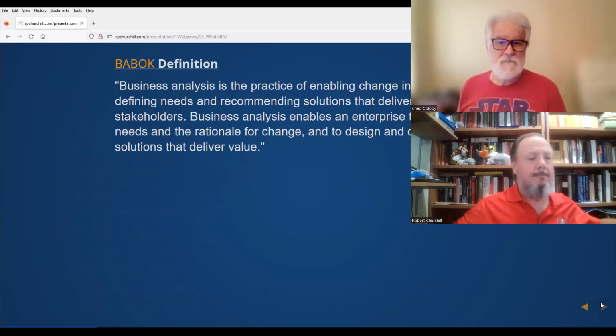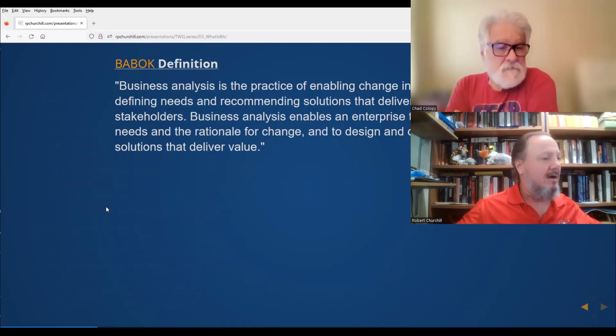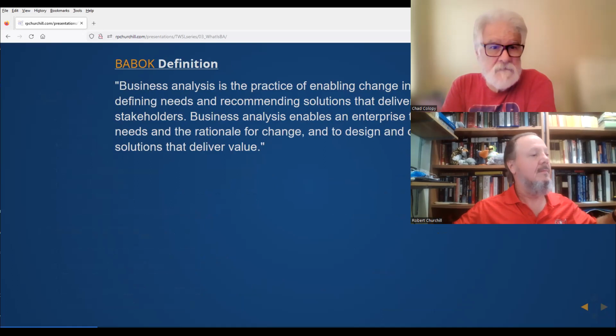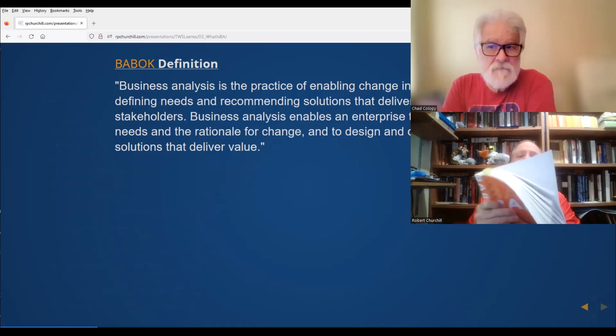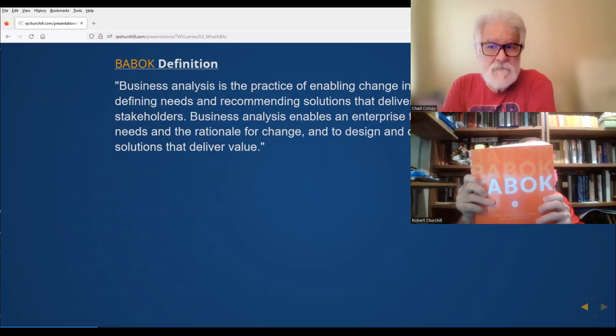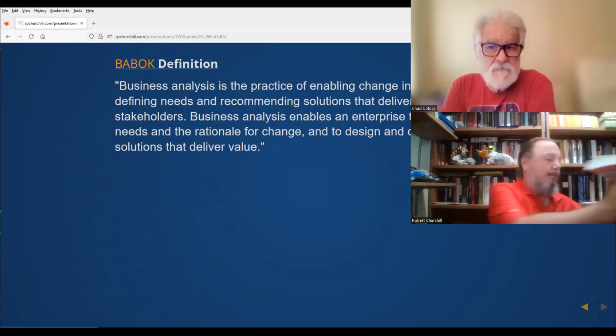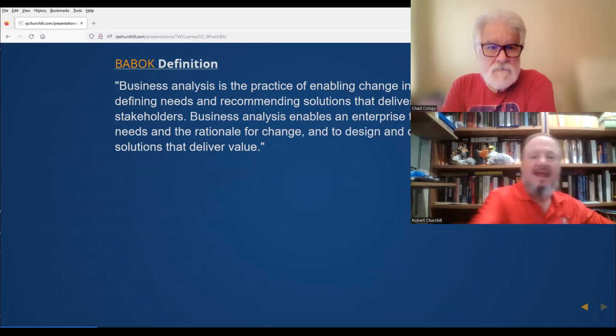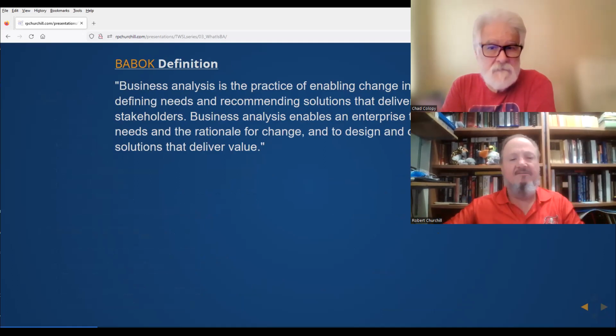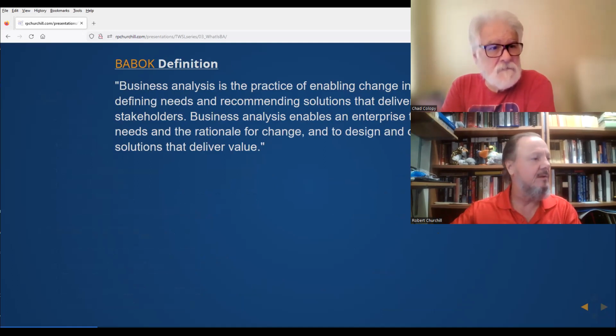So there's a thing called the BABOK, which is this big honking orange book that the IIBA puts out, and that's the handbook, the body of knowledge for doing business analysis.